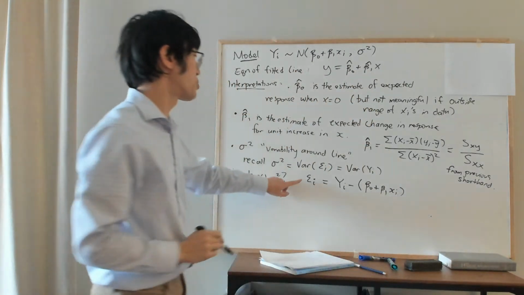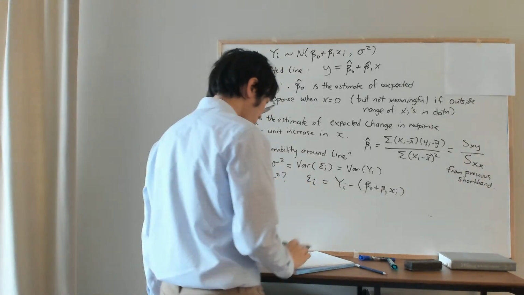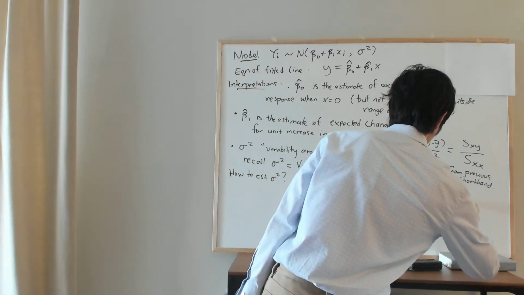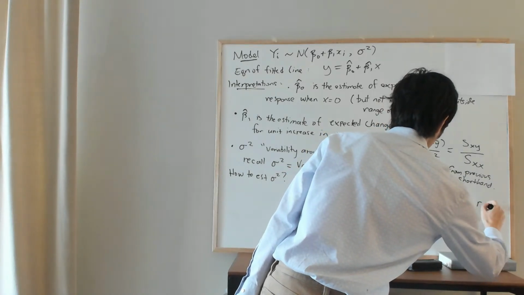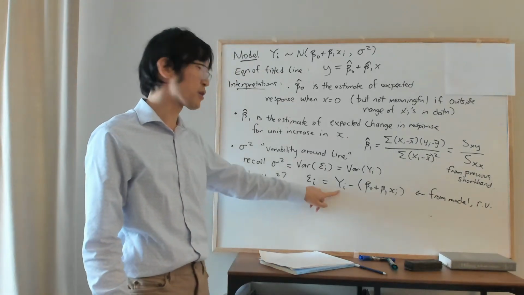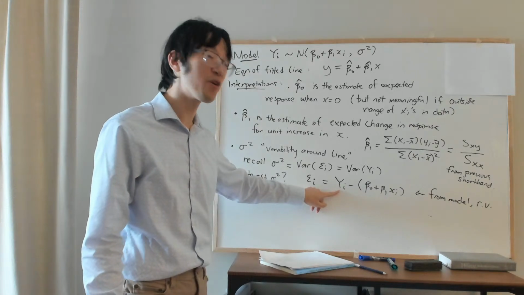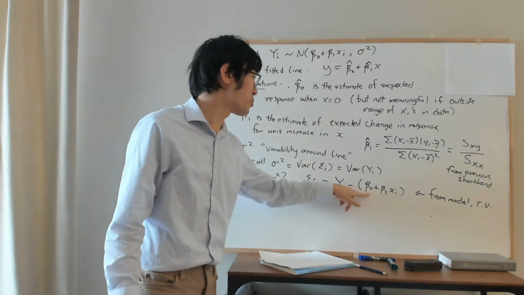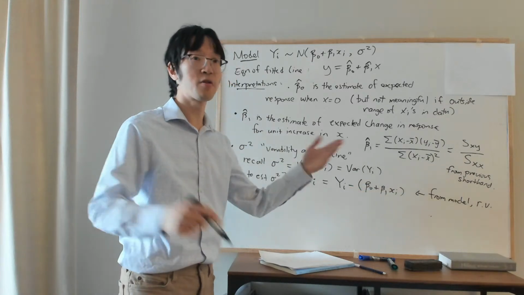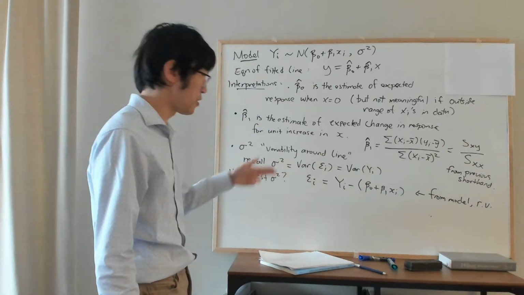By definition that's epsilon i. This comes from the model, and the key thing here is that this is a random variable because we're looking at it from the modeling perspective. That's why I have capital Yi here. We're talking about the random variable and the model's unknown values for beta 0 and beta 1. So this is our conceptualization for data, and epsilon i refers to that error term.